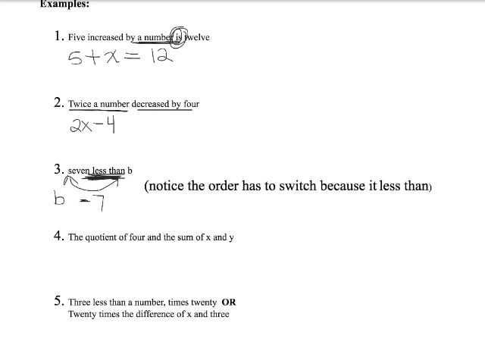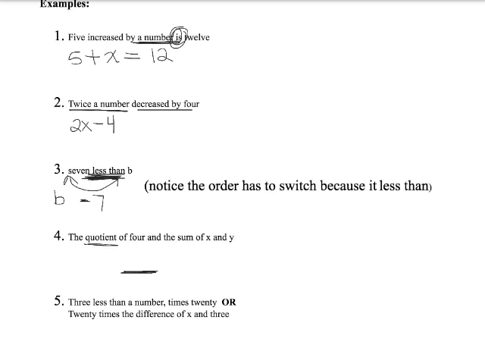Number 4, the quotient of 4 and the sum of x and y. The quotient tells us we're going to be dividing. So the first thing I want you to do is draw your fraction bar, because we use that for division now that we are working with more algebraic things. We don't use the good old-fashioned symbol like that. We are moving on past that point.